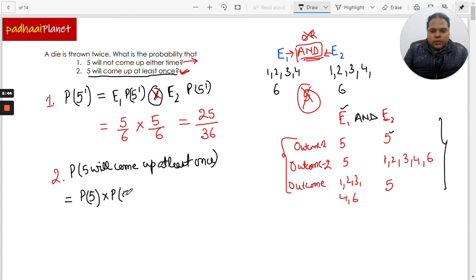So we write it like this, plus we will add up both the options of outcome 2 also.